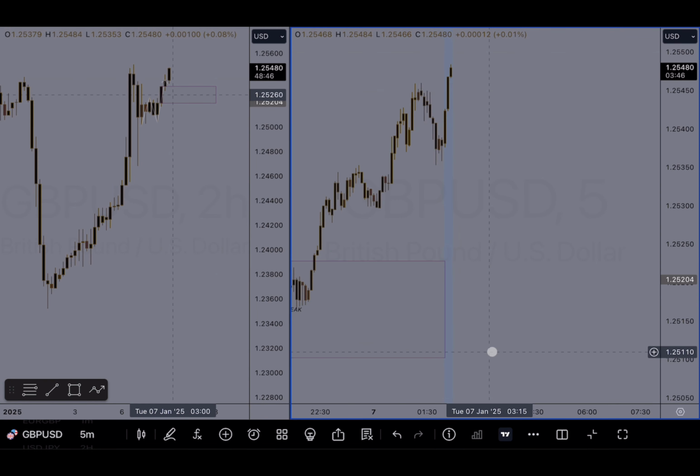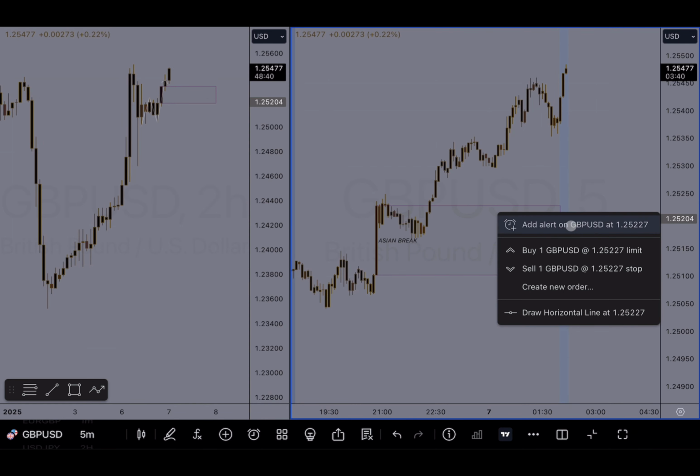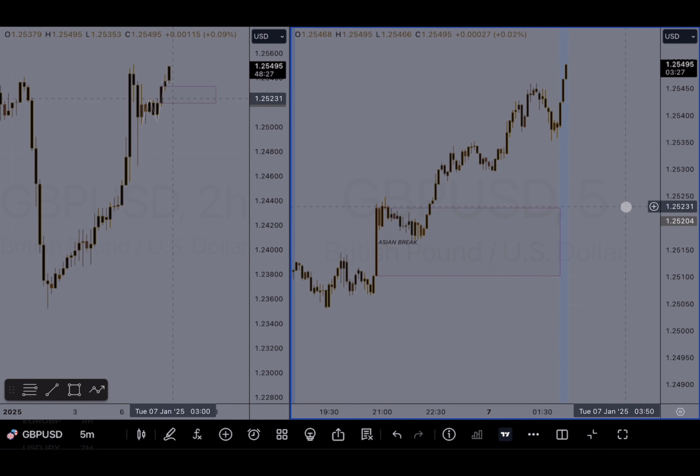We're gonna come back to this, and we can also go ahead and put our alert to be notified if and when the market comes down to this level. We will just be notified that, hey, something interesting might or might not be happening.